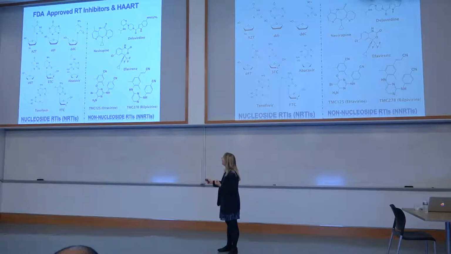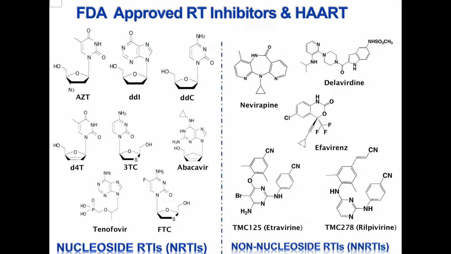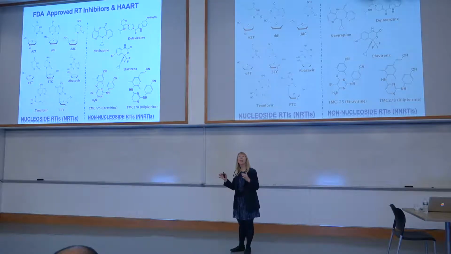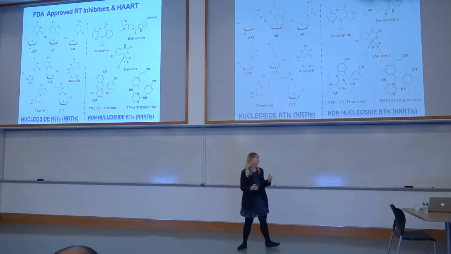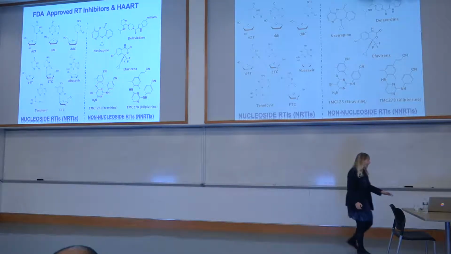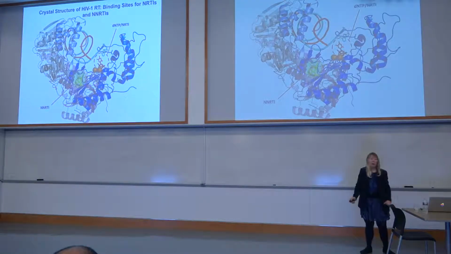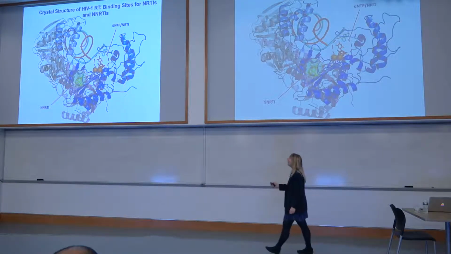On the other hand, the non-nucleoside reverse transcriptase inhibitors, or NNRTIs, are chemically quite diverse in terms of their chemical scaffolds, and they target an allosteric site in the enzyme. The next slide illustrates where these reside.